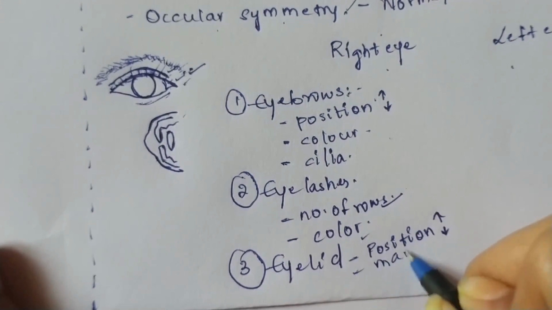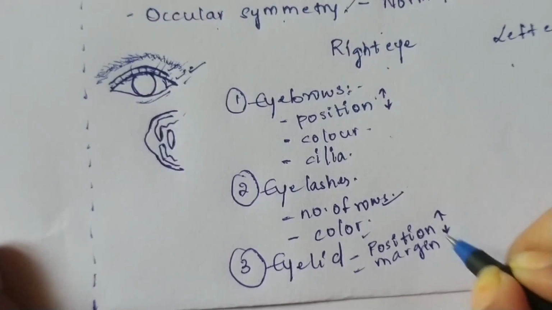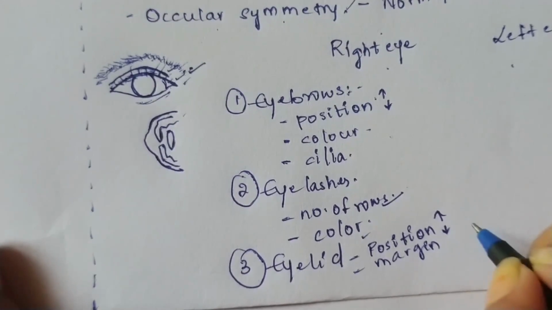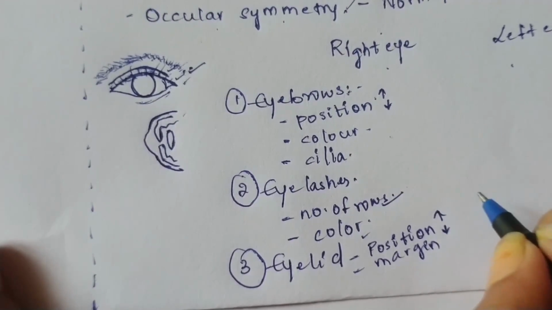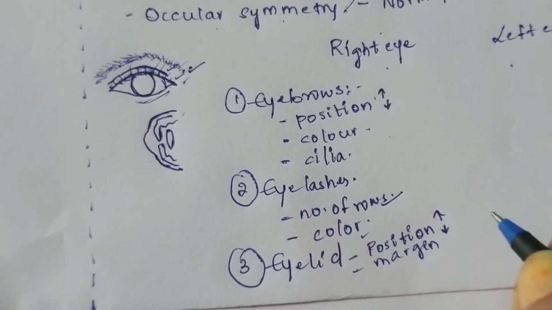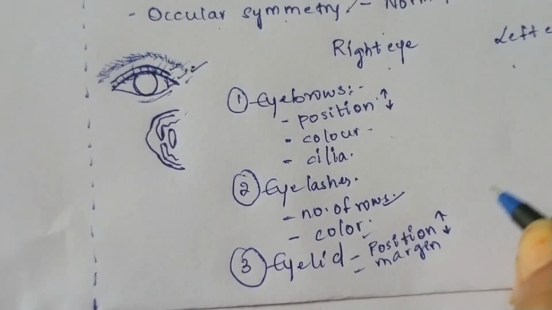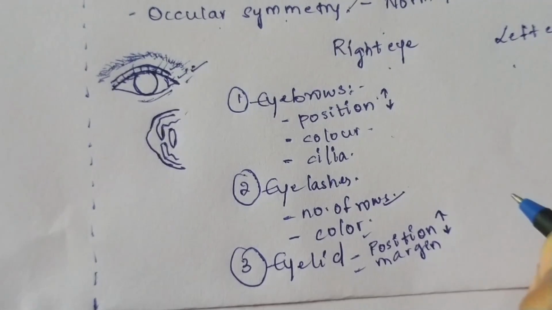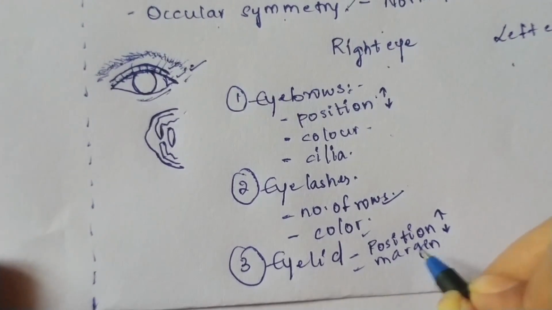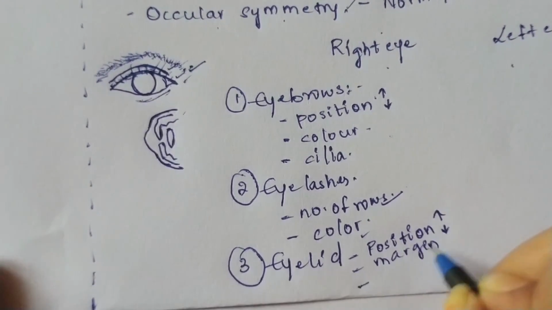Margins of eyelid, whether they have turned inward or they have turned outward. If they have turned inward, it is called entropion. If they are turned outward, it is called ectropion. Or if it is normal, you have to observe that thing.